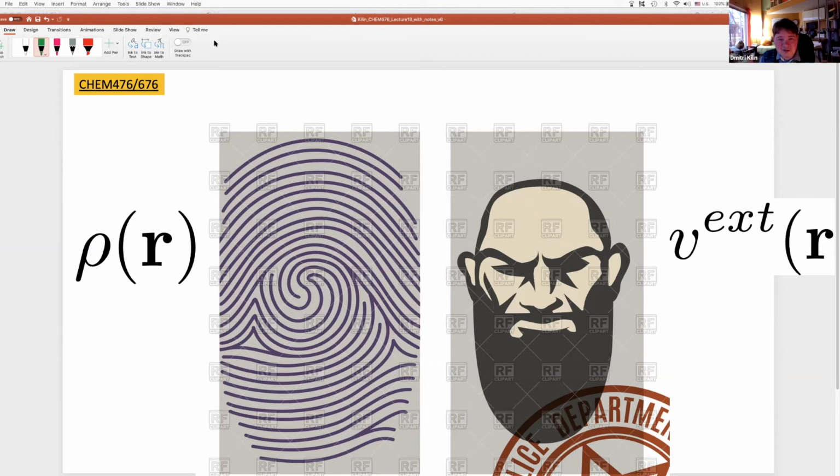Make sense? Okay. Of course, Kohn and his collaborator Hohenberg were not drawing this picture. They were proving it more mathematically. But I think we are on the same page and get the general idea, right? Yes? No? Thank you.